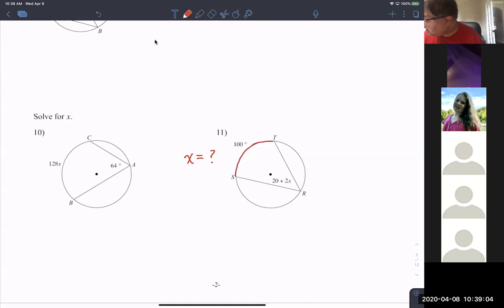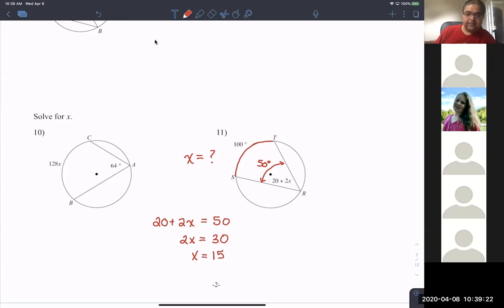Okay, so if this is 100, that means this angle is 50 degrees because it's half the arc. So 20 plus 2x equals 50. 2x equals 30. x is 15. Are we good with that?